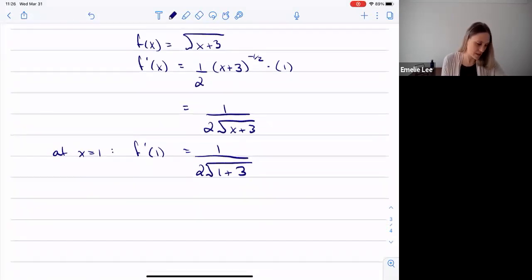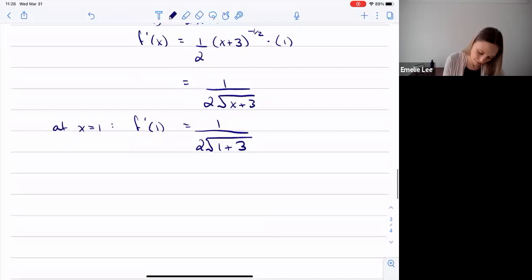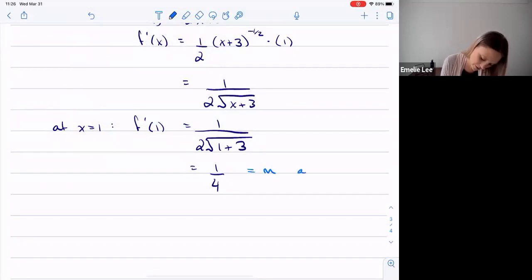The root of 1 plus 3 is 2, right? Because 1 plus 3 is 4, square root of 4 is 2, so pretty nice and easy stuff so far. So I get a slope of 1 over 4, which is m at x equals 1.